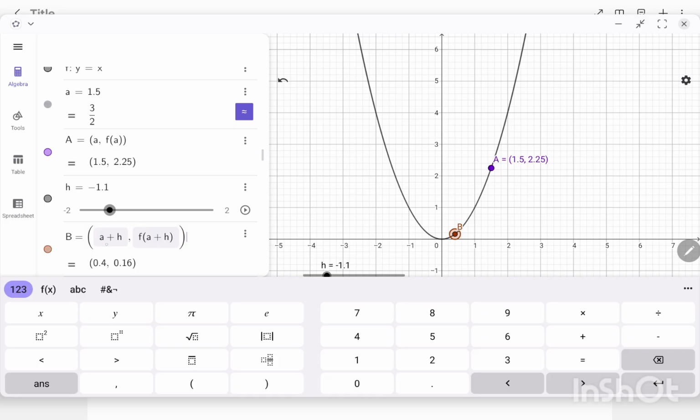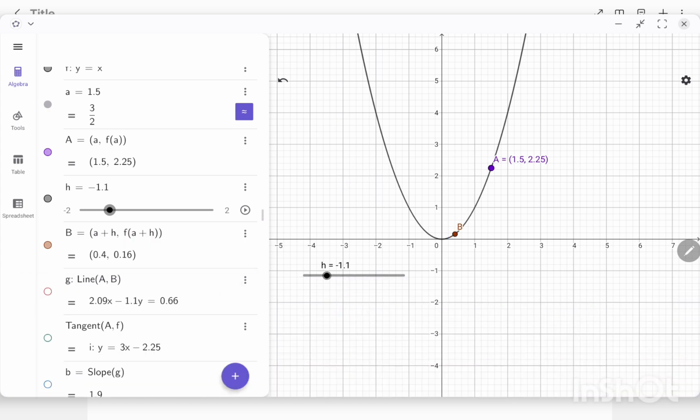That is, the x value is incremented by h, and the f value automatically is f of a plus h. So B is another point on the parabola. When I change the h value, B moves towards A, or it goes away from A depending upon the h value.